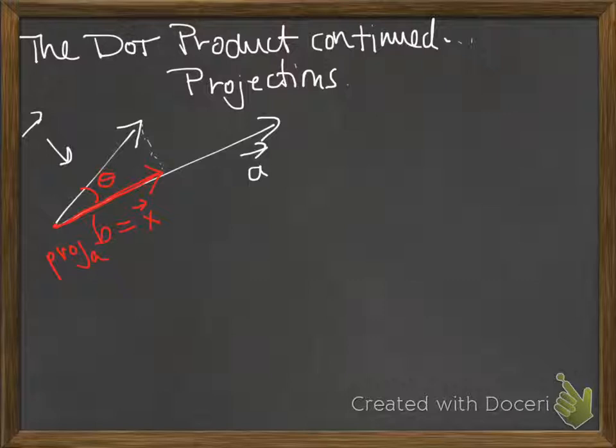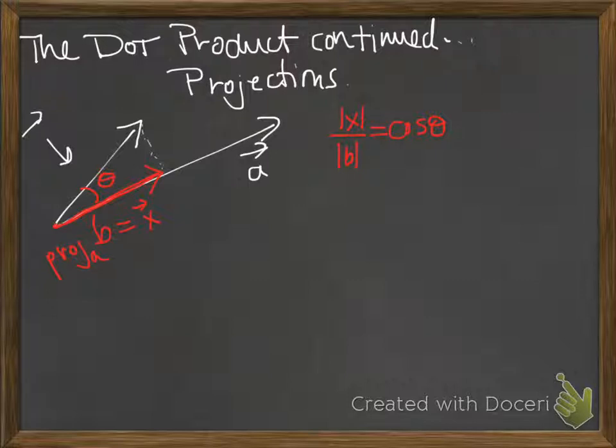Now, notice that the magnitude of X over the magnitude of B is precisely the cosine of theta. Right? As we can see on our triangle right here.